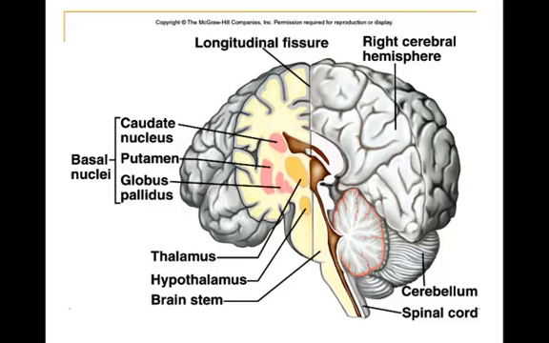So within the cerebral white matter, when we think about white matter, we think about information moving, okay? We find these areas called the basal nuclei. What they are is masses of cell bodies, really. Nuclei, remember, inside the CNS are called our cell bodies. And they're like these little kind of islands.